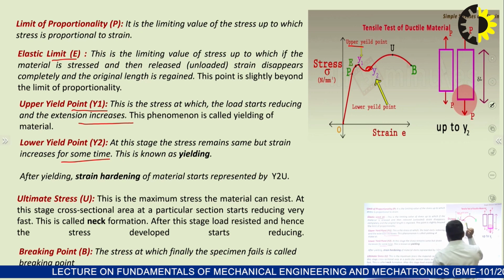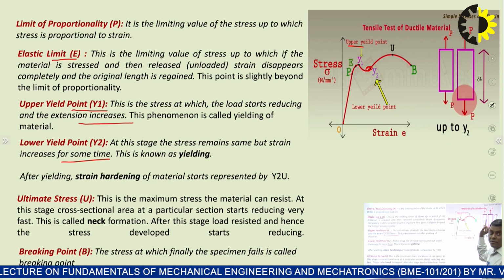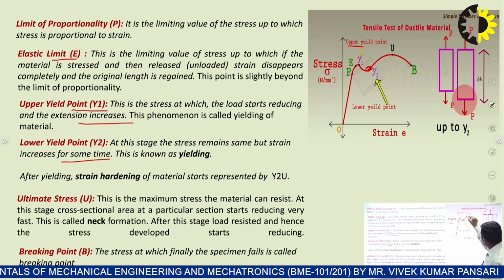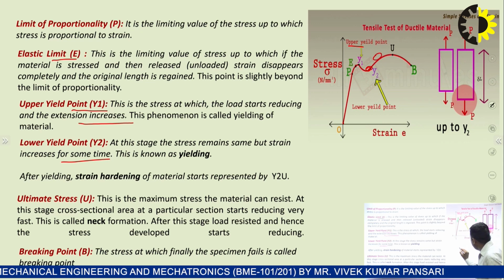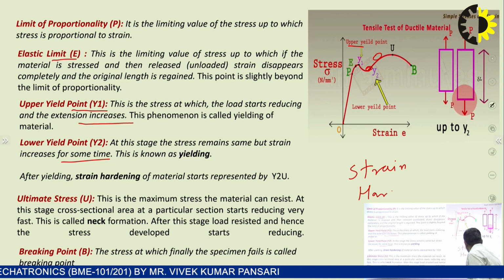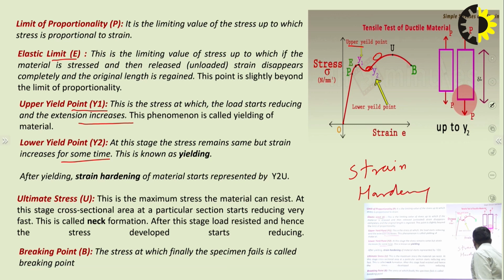Then beyond point Y2, the lower yield point for the material mild steel, the strain hardening of the material starts. In that region, what is starting? That I am writing: strain hardening. Strain hardening of the material starts.